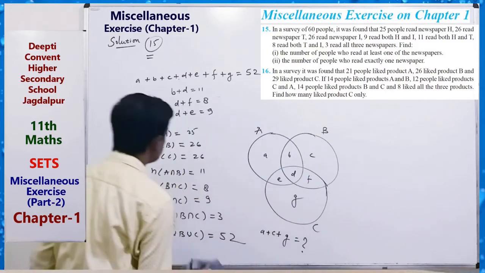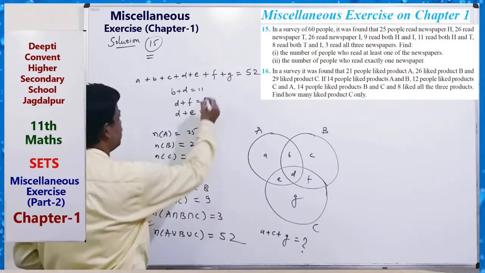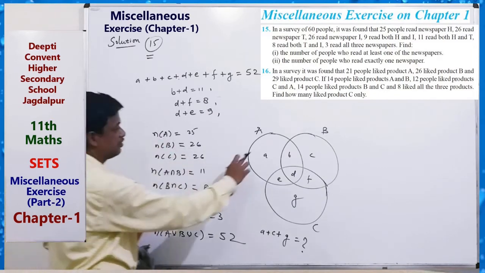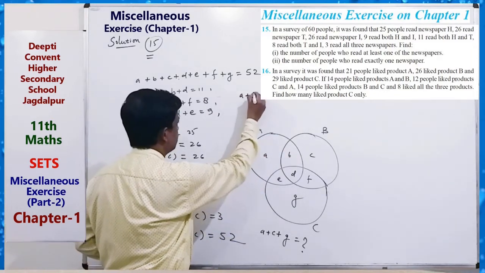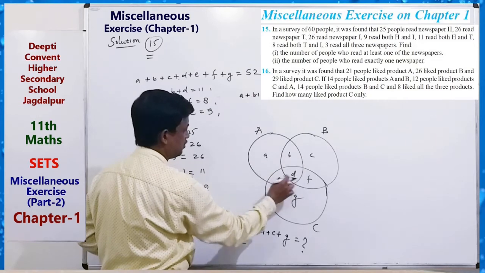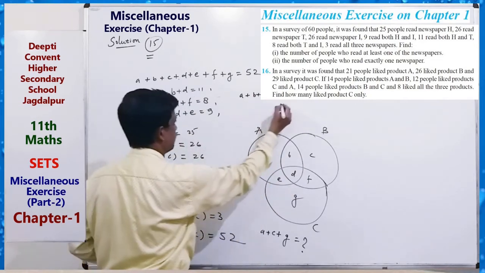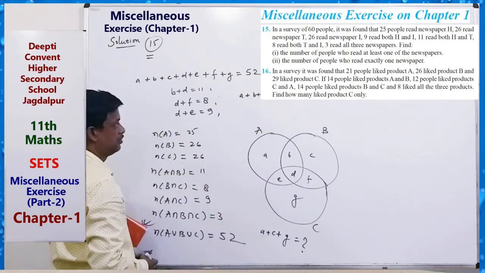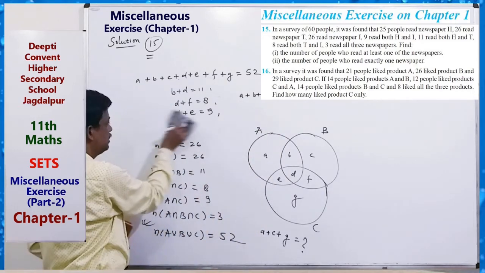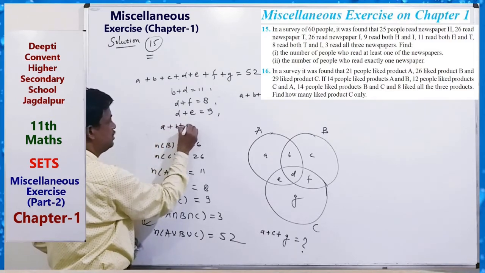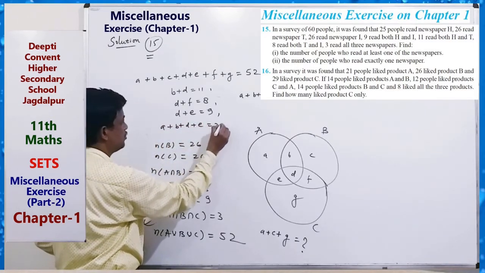We can also get many equations. A plus B plus D plus E equals 25.